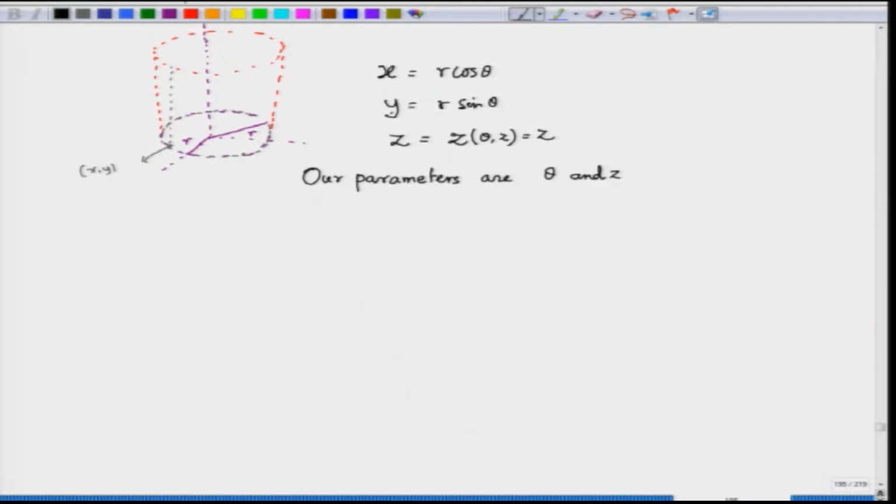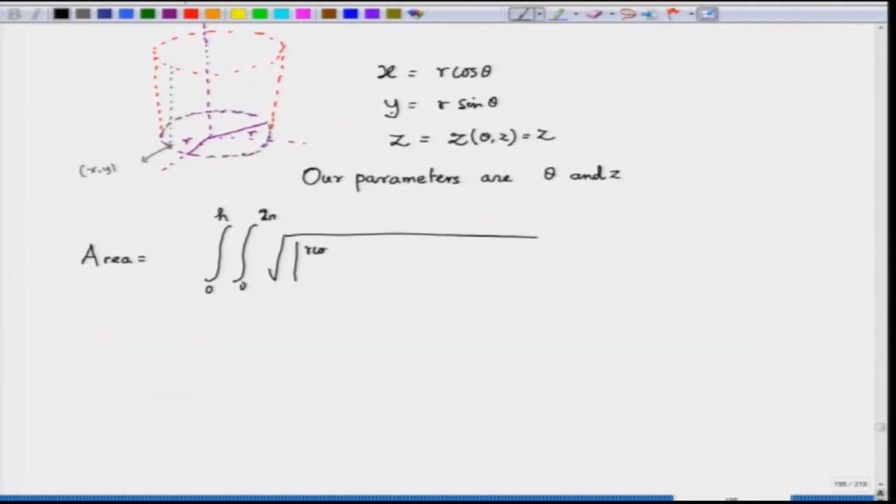Now, if you go by what we have done earlier, its area is given as the integral with theta going from 0 to 2 pi and z going from 0 to h, of the root over, and now we do those calculations.